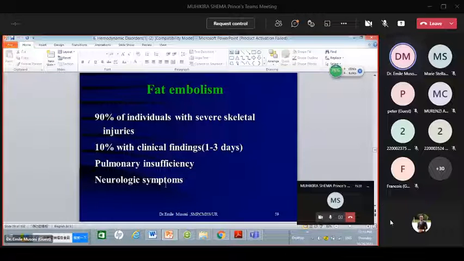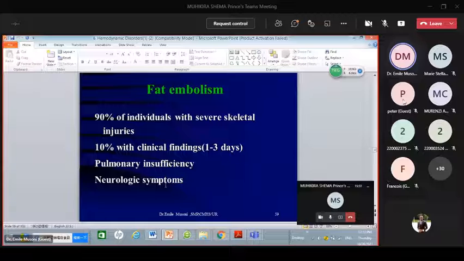Because at the opening of the fracture, there will be clots of blood mixed with fat, and this will migrate to the pulmonary blood vessels, and then immediately there will be death. It occurs around 3 to 5 days.